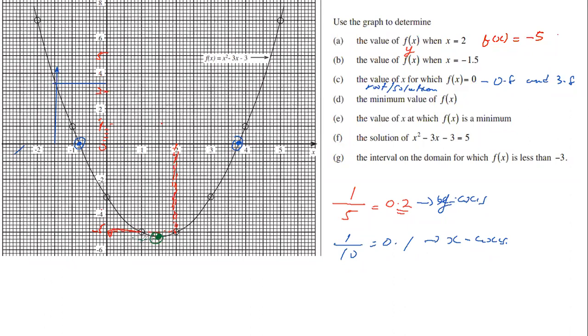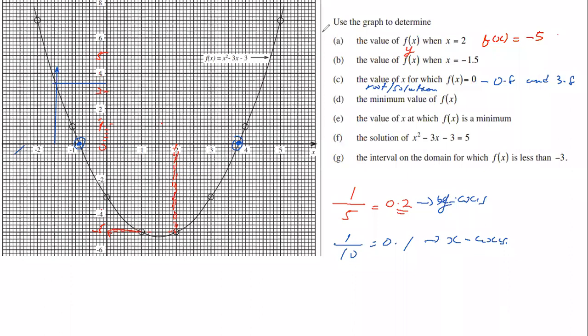This is negative 5 point something. Can somebody tell me what it is? Negative 5.3, that's what I'm seeing. It doesn't reach negative 5.4. Remember that after 5, every line is 0.2.